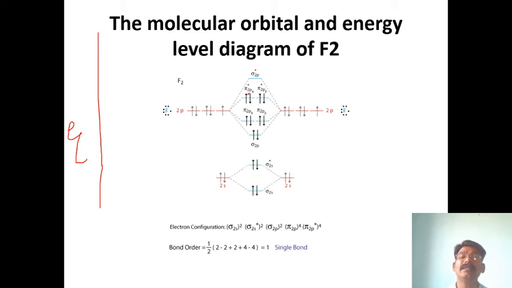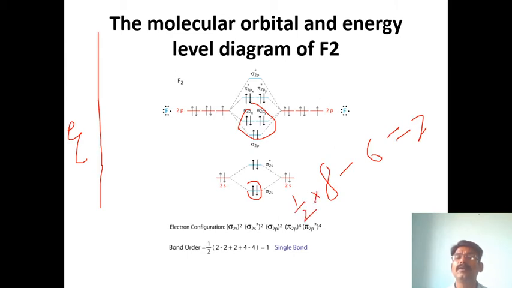The molecular orbitals pi star 2px and pi star 2py contain a total of 4 electrons. For the F2 molecule, the total number of bonding electrons is 8, here 6 and here 2, and anti-bonding electrons are here 4 and here 2, so 8 minus 6 is 2, and 2 by 2 is 1.